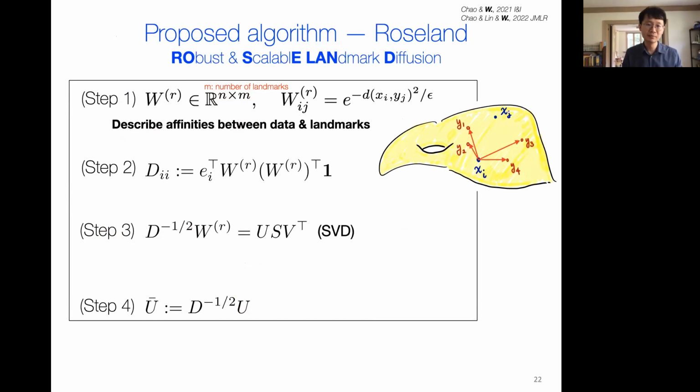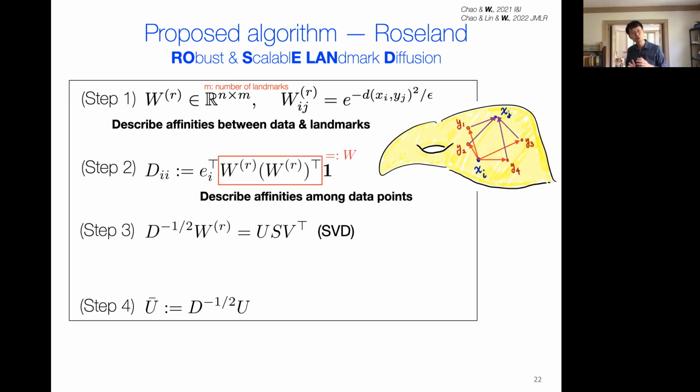And we call the algorithm Roseland, which stands for robust and scalable landmark diffusion. The algorithm is very simple, and you can code it easily. The first step is to construct a long and thin matrix, called WR, which describes affinities between data and landmarks. The second step is to construct the outer product of WR, which describes affinity among data points.